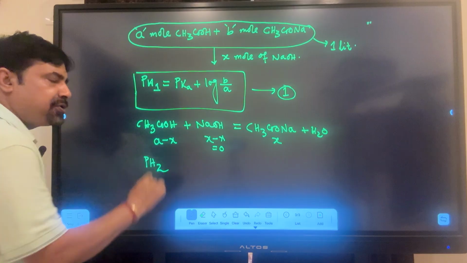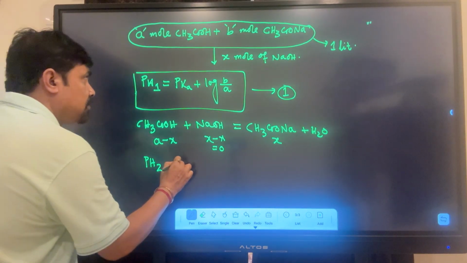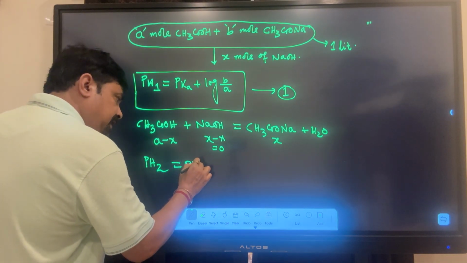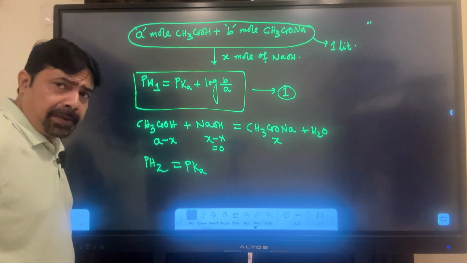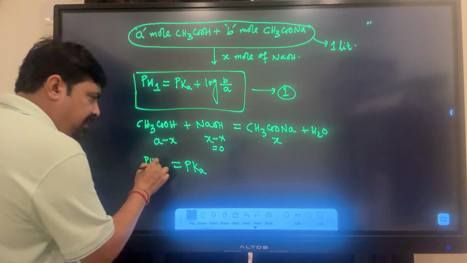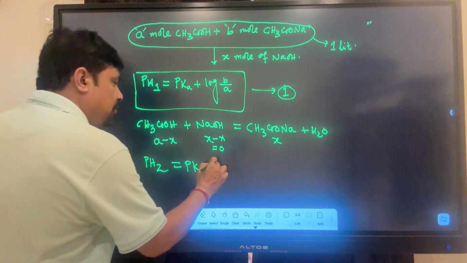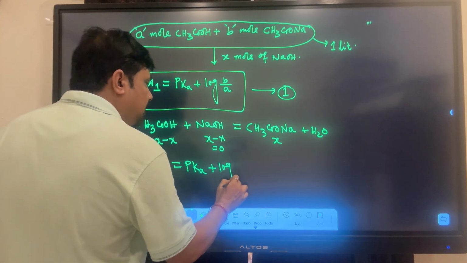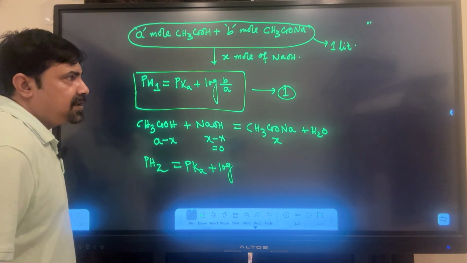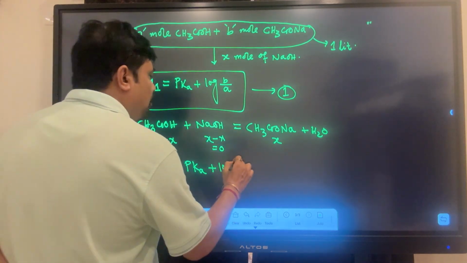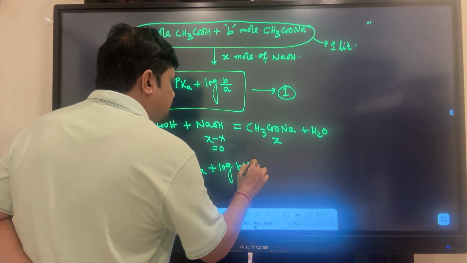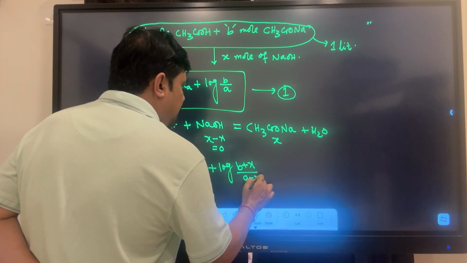That means now the new pH, I am calling pH2, will be equal to pK, the same acid so the pK value will be the same. I am calling this pH2 because pH will change as the concentrations are changing. So log of salt by acid: salt concentration is now b plus x, acid is a minus x.